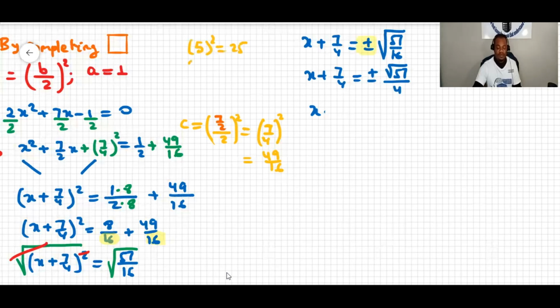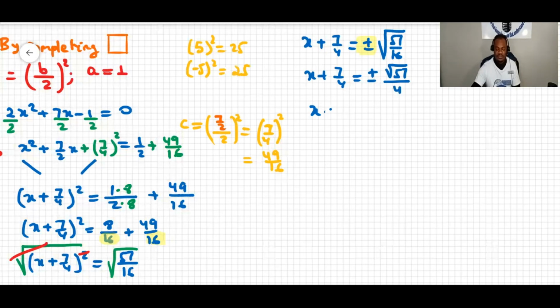And if I ask you negative 5 to the power of 2, it must be 25 also. If you doubt, type it in the calculator the same way and you get 25. So in other words, 25 is the square of both 5 and negative 5. That's why when we square root both sides, we put plus minus here.